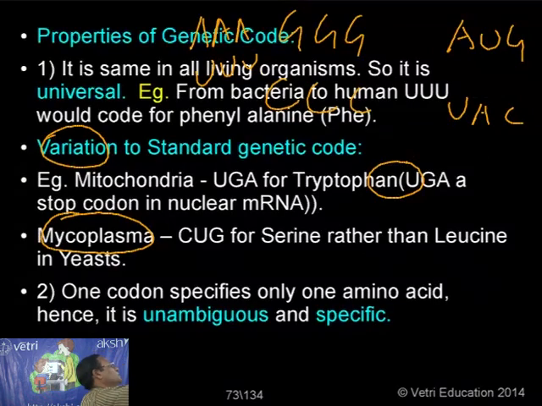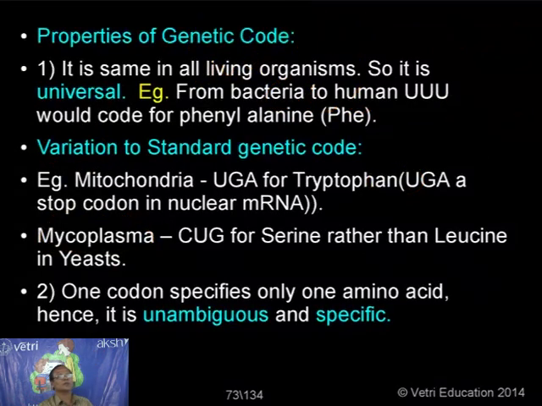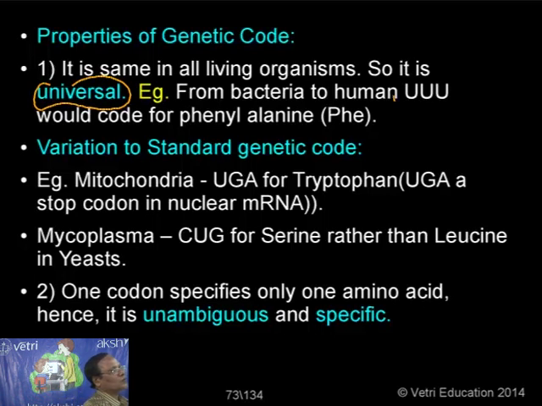Now, what are the properties of the genetic code? All the 64 codons are the same in all organisms, starting from amoeba up to human beings. That's why we say the codons are universal in nature. For example, from prokaryotes like bacteria to human beings, UUU is a codon for phenylalanine.